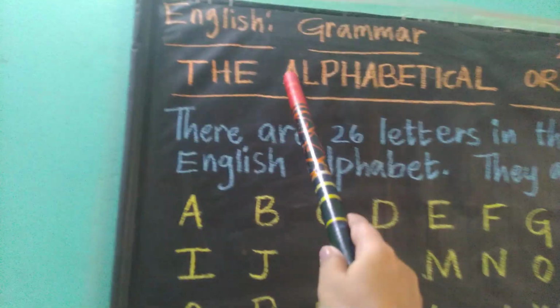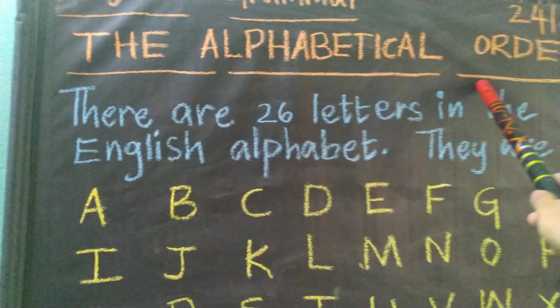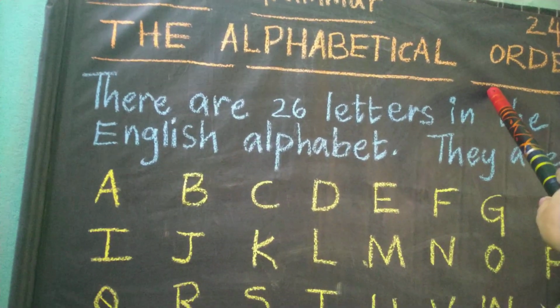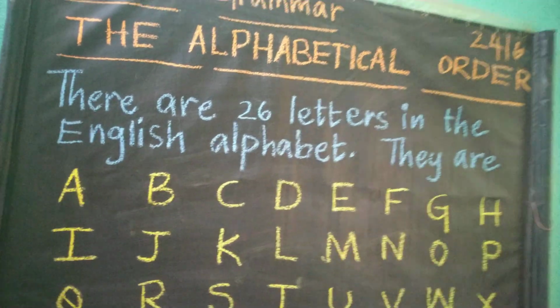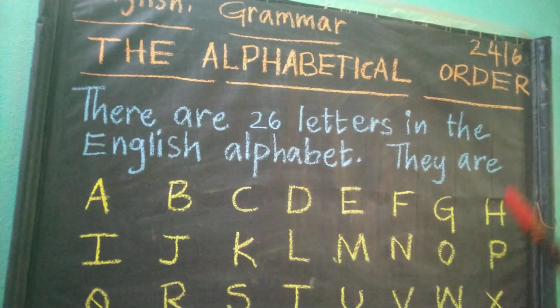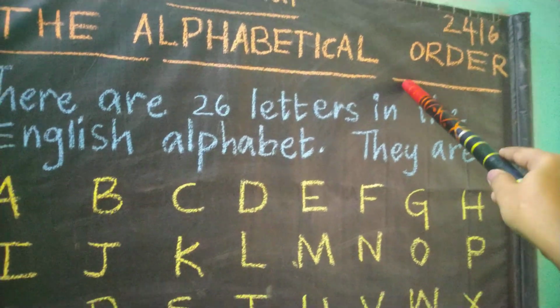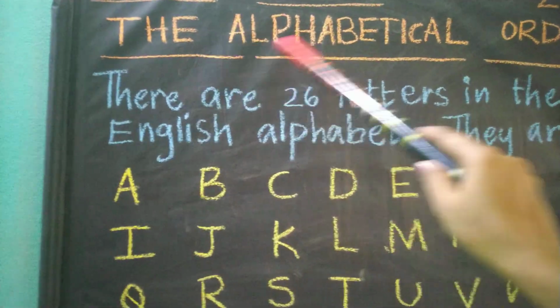So, the alphabetical order. My dear children, listen carefully, and it is very simple if you understand it. The basic thing you have to understand here is order, the alphabetical order.